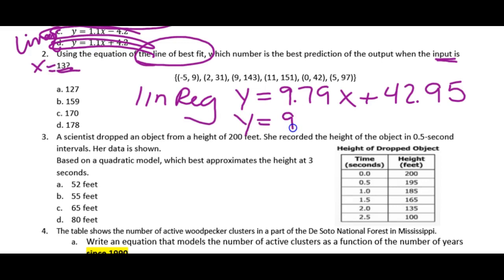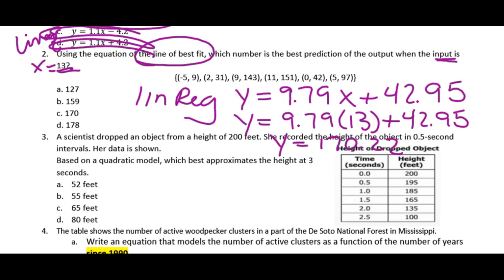Y equals 9.79 times 13 plus 42.95. And then you can use your calculator to do that math. Let's see what we get. We get 170.22. So y equals 170.22.